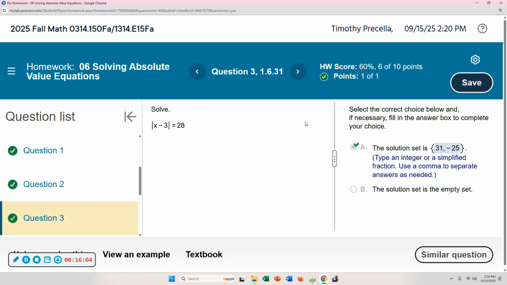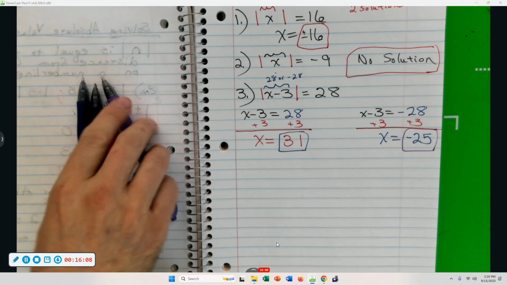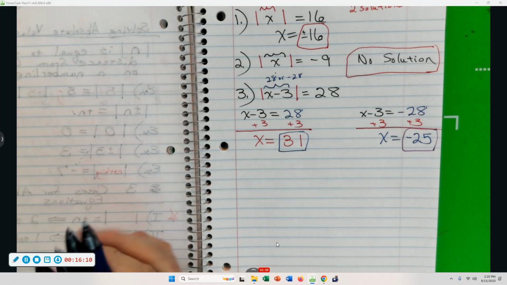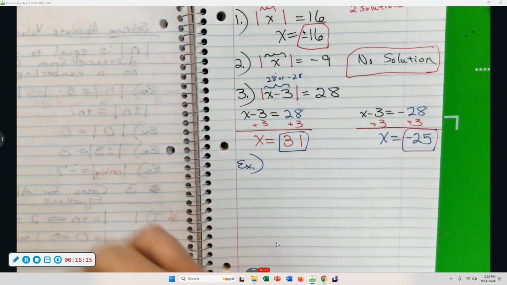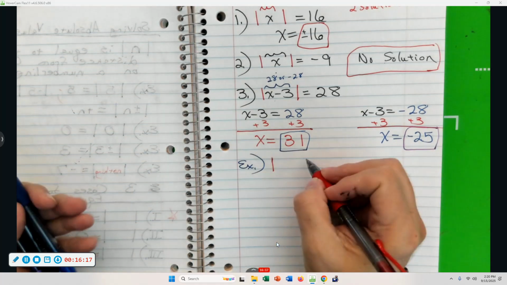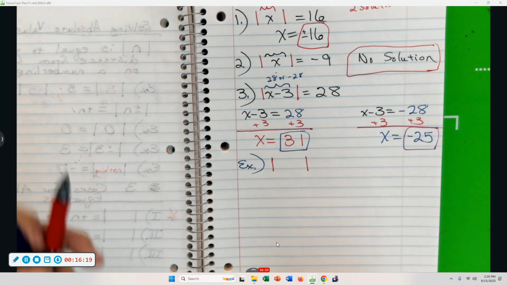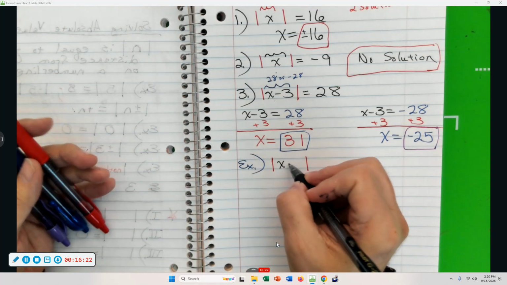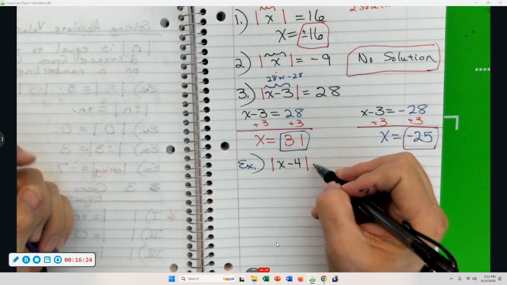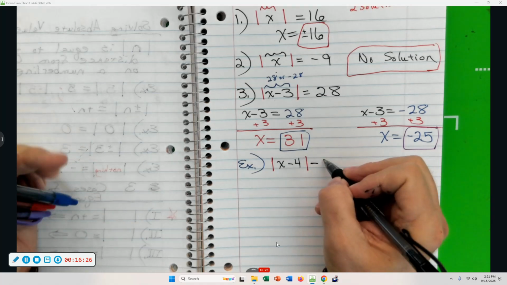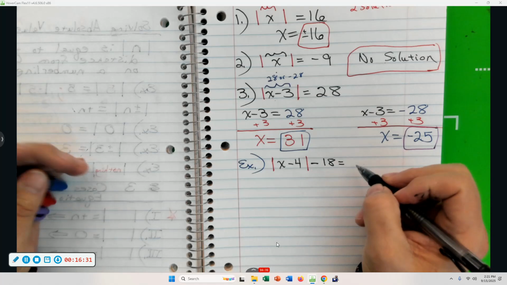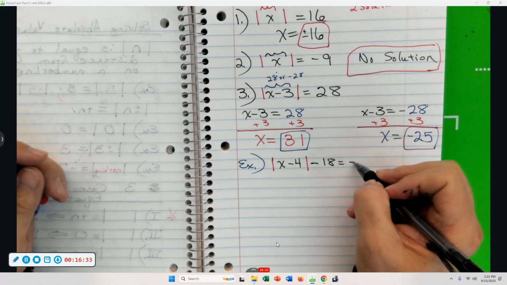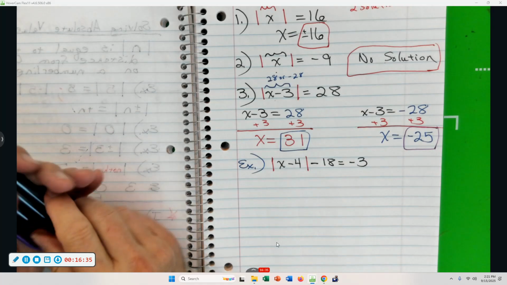And you know something, before we go on, I'm going to make up an example. There's a point to this. The absolute value of x minus 4, minus 18 equals, let's say, negative 3.